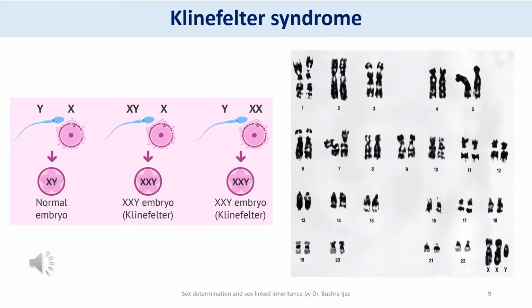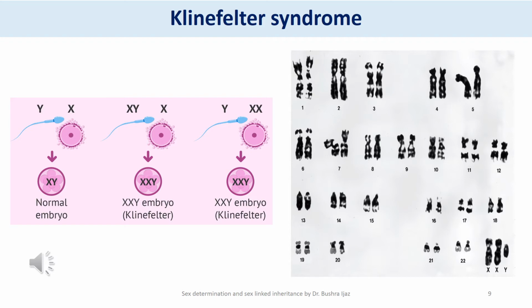Another example of improper segregation of the sex chromosomes during meiosis, or the formation of the gametes, is Klinefelter syndrome. Persons who have Klinefelter syndrome, which occurs with a frequency of about 1 in 1000 male births, have cells with one or more Y chromosomes and multiple X chromosomes.